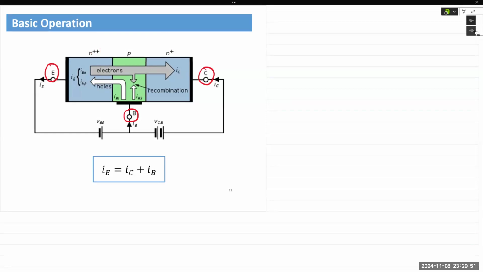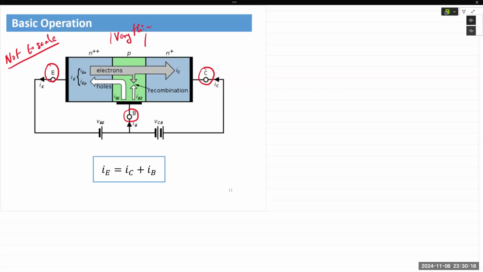The base doping is somewhere in between, but it is a physically very thin layer. So this obviously is not to scale. This region is very thin compared to the emitter and the collector.